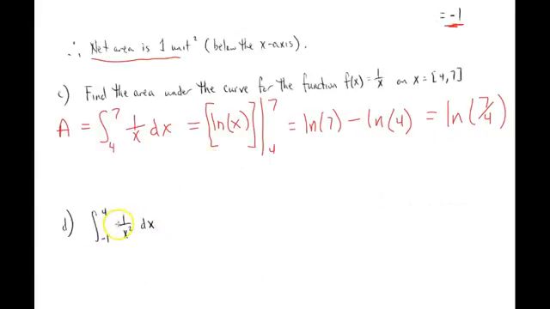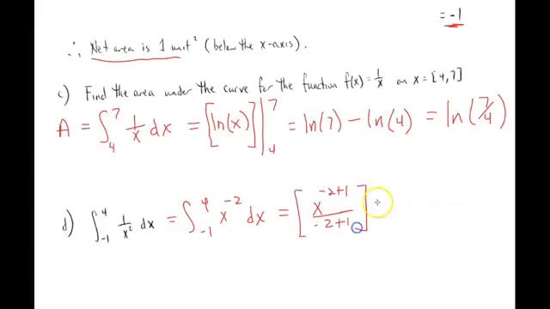For example D, first thing that we would want to do here is rewrite this as x raised to the negative 2 dx, because now we know how to take the antiderivative of this by just using our power rules. So here this would be x raised to the negative 2 plus 1 over negative 2 plus 1, and all that is evaluated from negative 1 to 4.